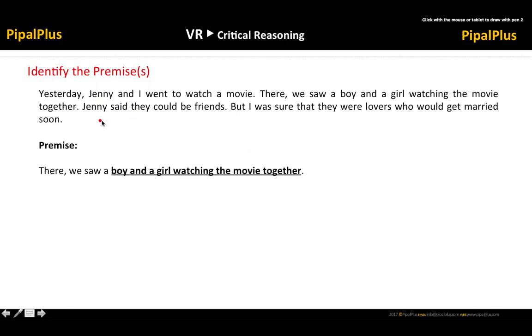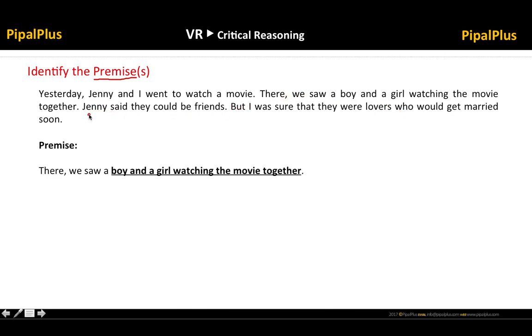Okay, now that we've identified our conclusions, let's look at identifying the premise. Premise, as we've discussed previously, is the basic information on which a conclusion is drawn. In this case, the conclusion that Jenny draws is they could be friends. The speaker draws the conclusion that they could be lovers who would get married soon.